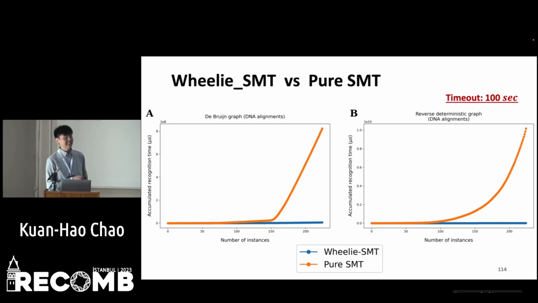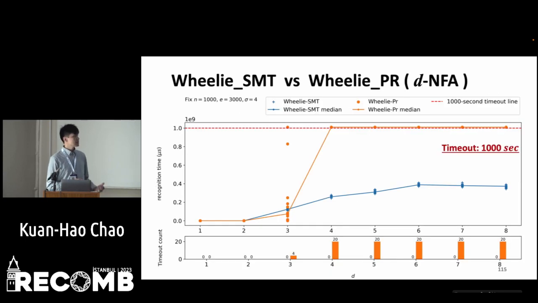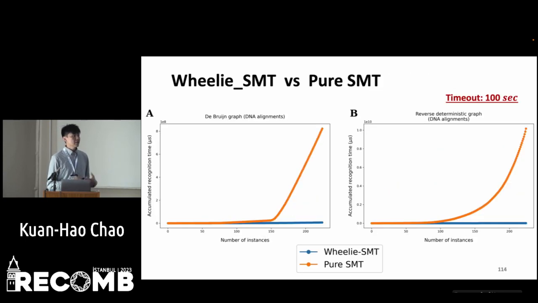This is an accumulated time plot. Really SMT can solve all of them in a very short period of time, whereas for the pure SMT, when the graph gets bigger and more complicated, it is harder to solve and takes much more time. This is the experiment on the green graph, and this is the experiment on the reverse deterministic graph. The conclusion from this result is that with the help of some human intuition, encoding the problem with a renaming heuristic, we can get much better results.